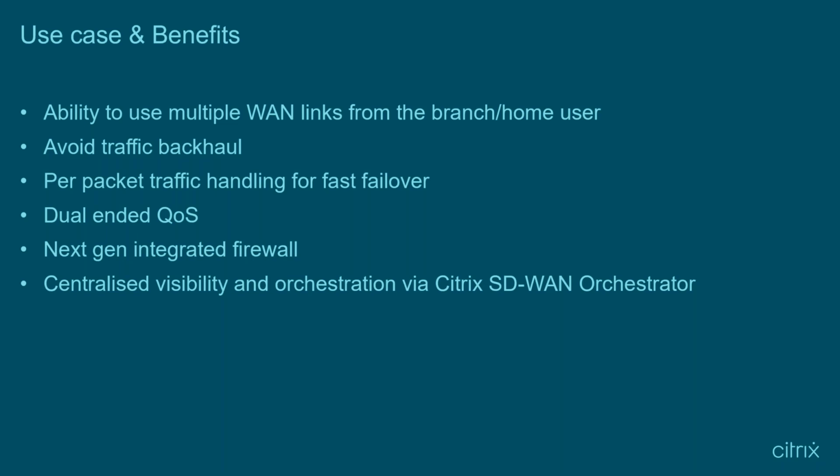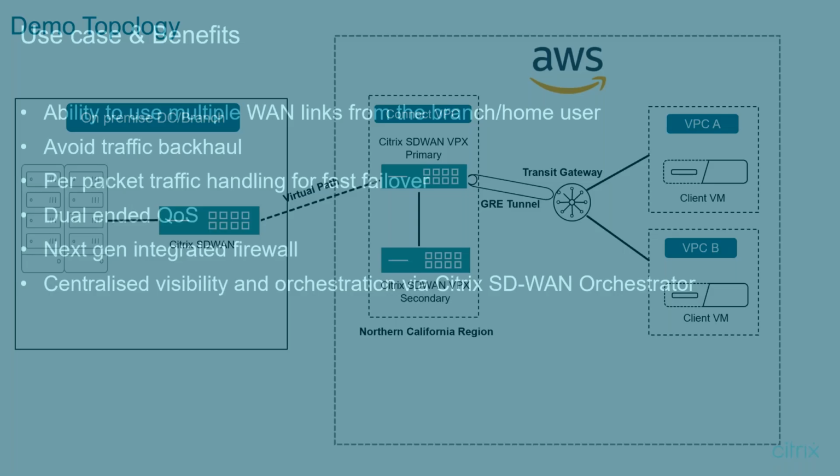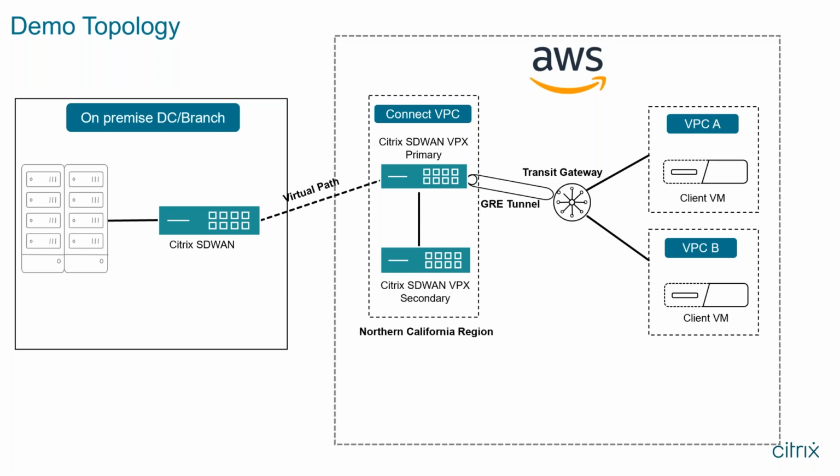Okay. So we'll quickly jump into the demo, but let's take a look at what the topology is going to look like. So herein, this is how our topology is. We have a connect VPC. This is where we are going to provision a couple of SD-WAN instances, and the reason is for HA, primary and secondary mode.